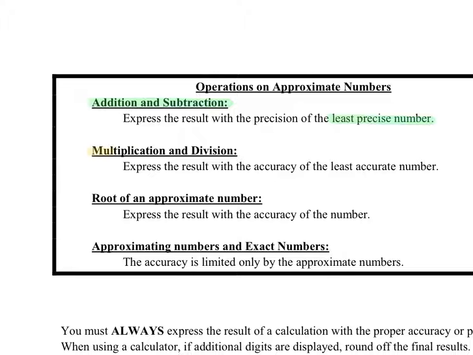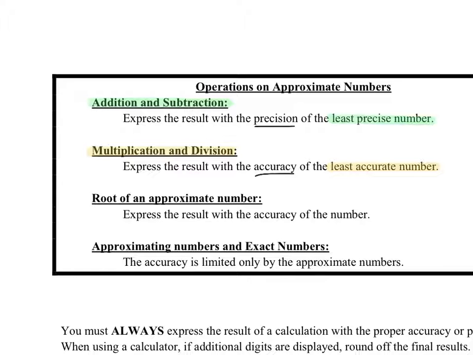When we're multiplying and dividing, we round with the least accurate number. So for addition, we use precision. For multiplication and division, we use accuracy. For the square root of a number, we use the accuracy.